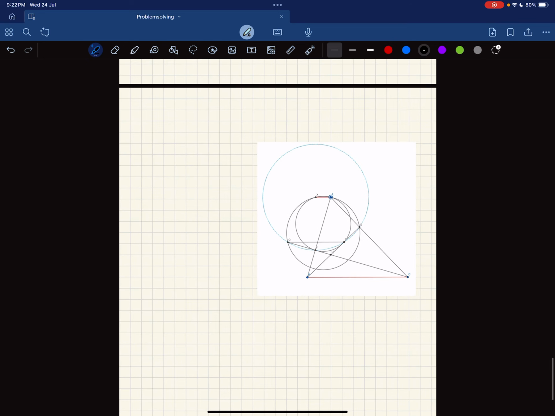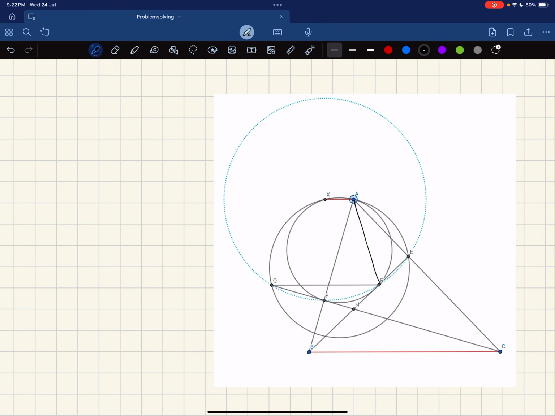We connect the points. Okay, so notice that we might think X is a very certain point, because in a graph, if we do it strictly, we might find that X is the center of the circle QFPE.